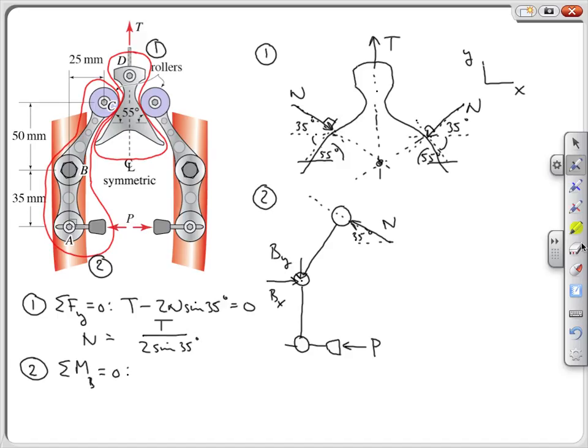We can see from the geometry of the figure that our moment arms are going to be, for the horizontal force N cosine 35 degrees, 50 millimeters. And for the vertical force of N sine 35 degrees, our moment arm is going to be 25 millimeters.